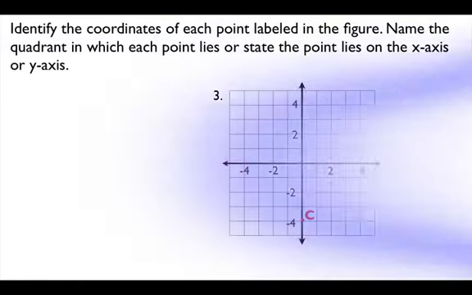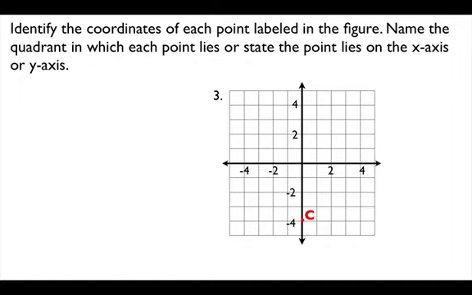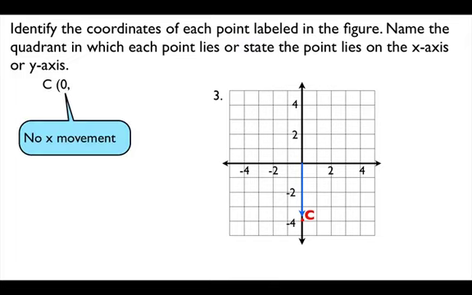Same directions. Here's number 3. So from the origin, I'm going to start moving. But you're going to notice that to get to C, there's not going to be any movement traveling horizontally, because I'm basically going to have to go straight down from the origin. Since I'm not moving to the left nor the right, the x value of this point is 0. Now, how do I get to C?